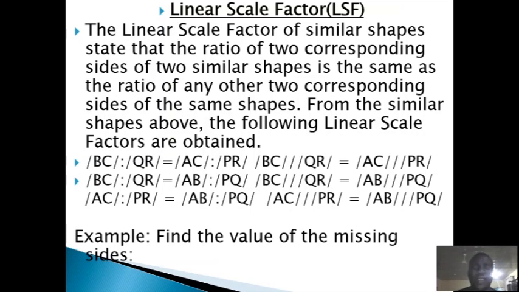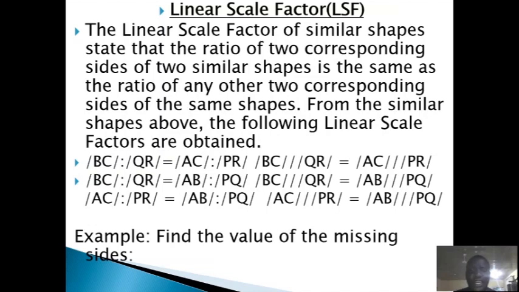If you pick two corresponding sides, their ratio will be the same as any other corresponding sides, not random sides but corresponding sides. So we now state the linear scale factor in a simpler form, which is BA ratio QR is the same thing as AC ratio PR.